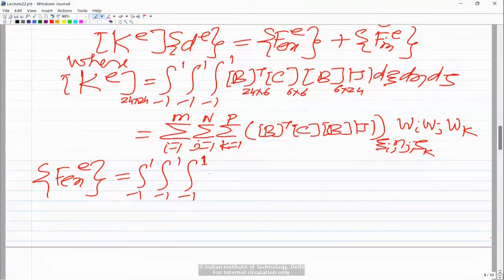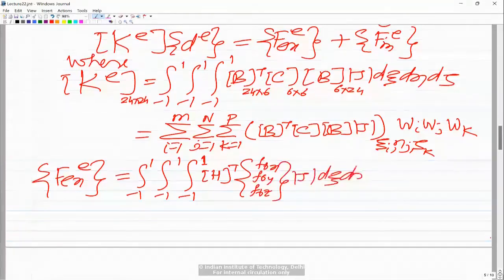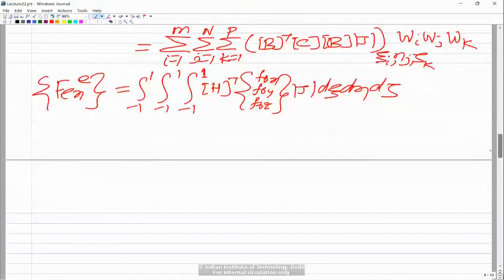So the limits are constant, -1 to +1 for all three variables. So you have H transpose and the body force components FBX, FBY and FBZ. So these are three body forces, and the determinant of J into d xi, d eta, d zeta. And this integral is also evaluated numerically. So again, now a triple summation.